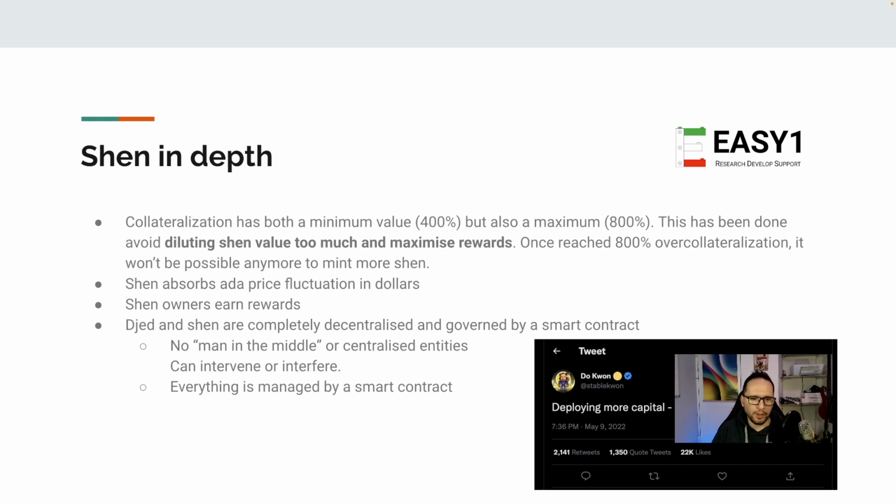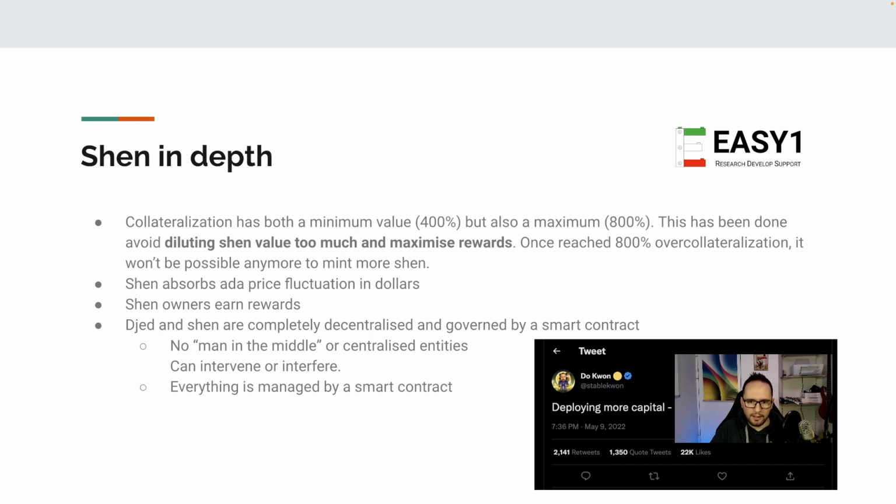Shen owners, because of the risk, also earn rewards. Djed and Shen are completely decentralized, and this is a really important point, right? Because we haven't truthfully seen this in other circumstances. So another really big difference between Luna USD and Djed is that Djed and Shen are completely decentralized. There is just one smart contract behind it that manages everything.